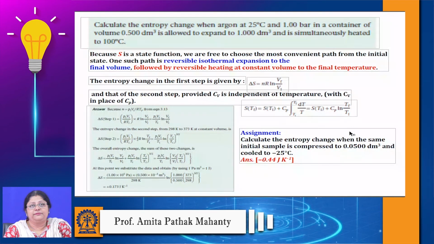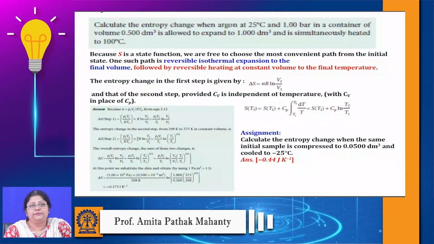So here is one example which I want you to look into. Calculate the entropy change when argon at 25 degrees centigrade and 1 bar in a container of volume 0.5 dm cube is allowed to expand to 1 dm cube and is simultaneously heated to 100 degrees centigrade.